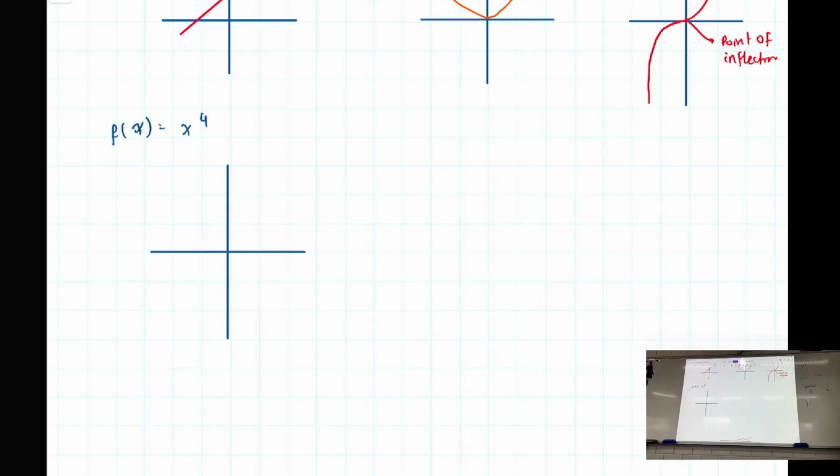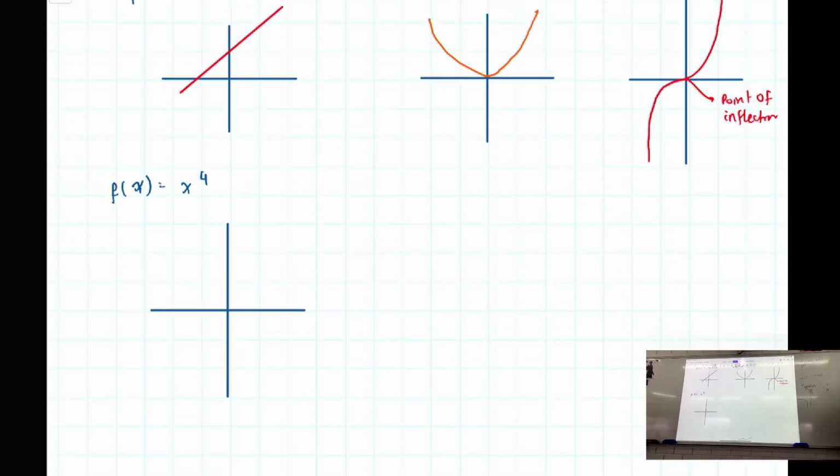What is the shape of a quartic? It's like a quadratic. As I said, it has similar characteristics to a quadratic, but the only difference is that it gets flatter as it approaches the turning point.